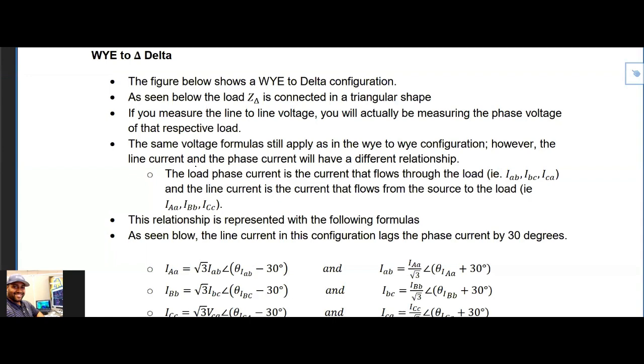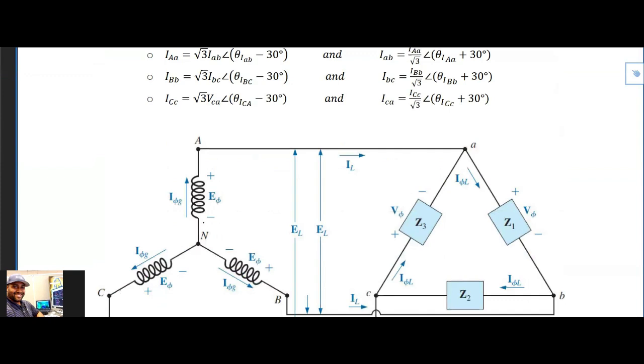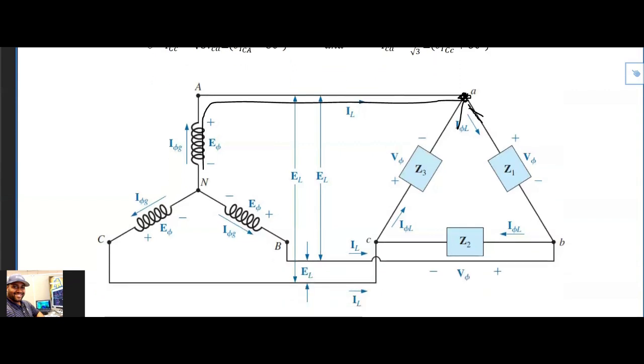All right. So the same voltage formula still applies as in the Y to Y configuration. However, the line current and the phase current will have a different relationship. The load phase current is the current that flows through the actual load, and the line current is the current that flows from the source to the load. So the line current comes from the source, flows in this direction, and then it hits this junction point right here, where some goes this way, some goes this way.